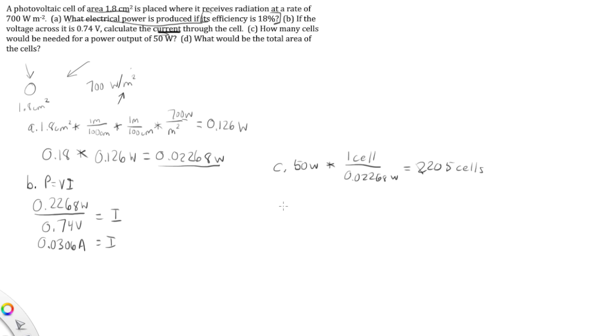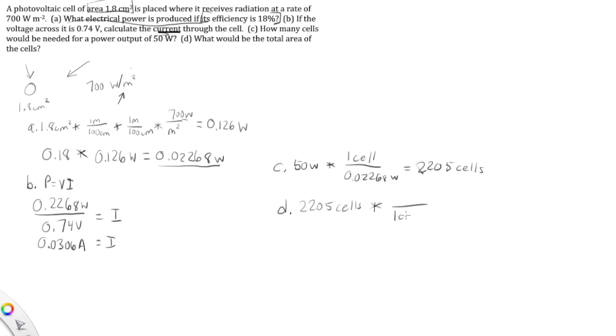So for part D, it says what would be the total area of the cells. We have 2,205 cells, and we know that each cell has an area of 1.8 centimeters squared, as given.